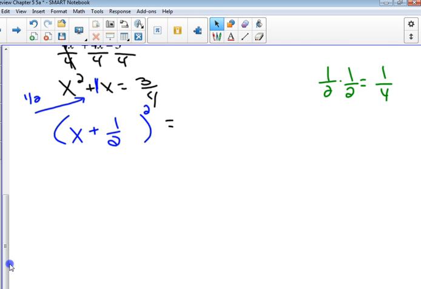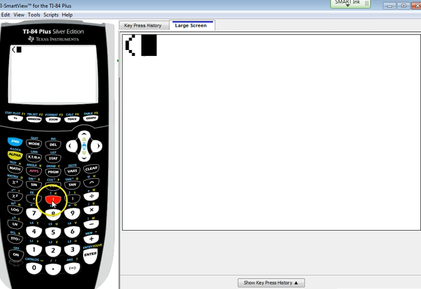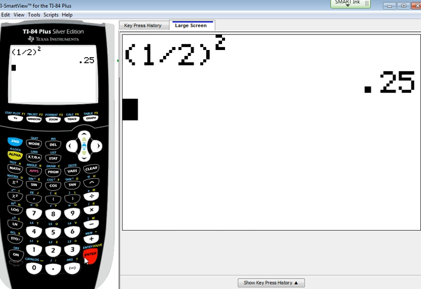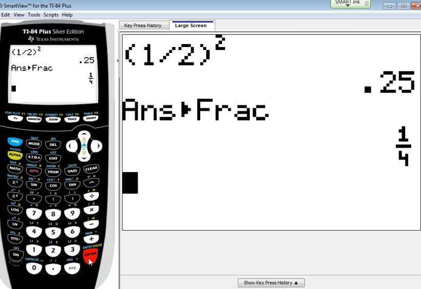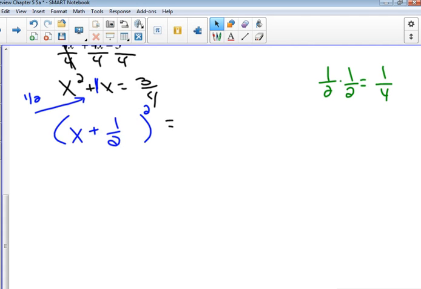Or in a calculator, 0.25. Use your math key, it's 1/4. So 1/4 is going to have to be added to this other side, not just 1. So there's like 4/4, which is just 1. So then we're back to the same thing.